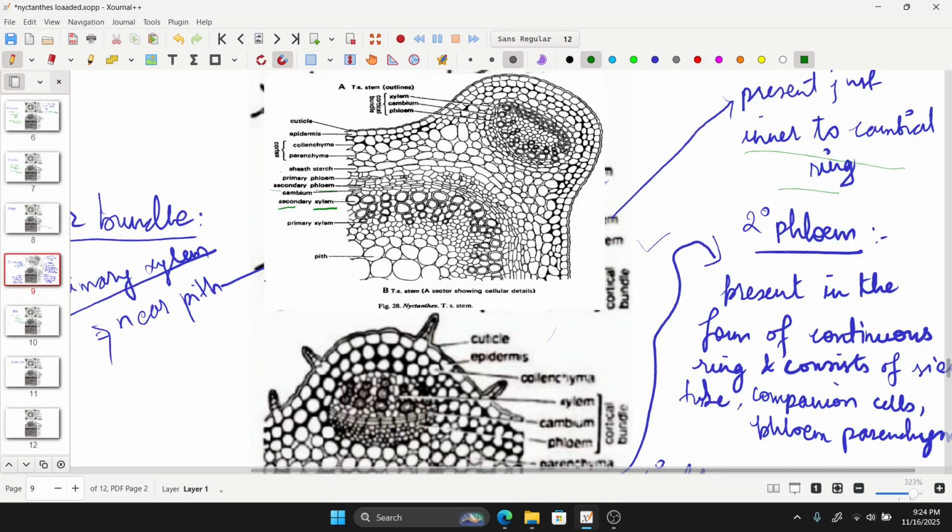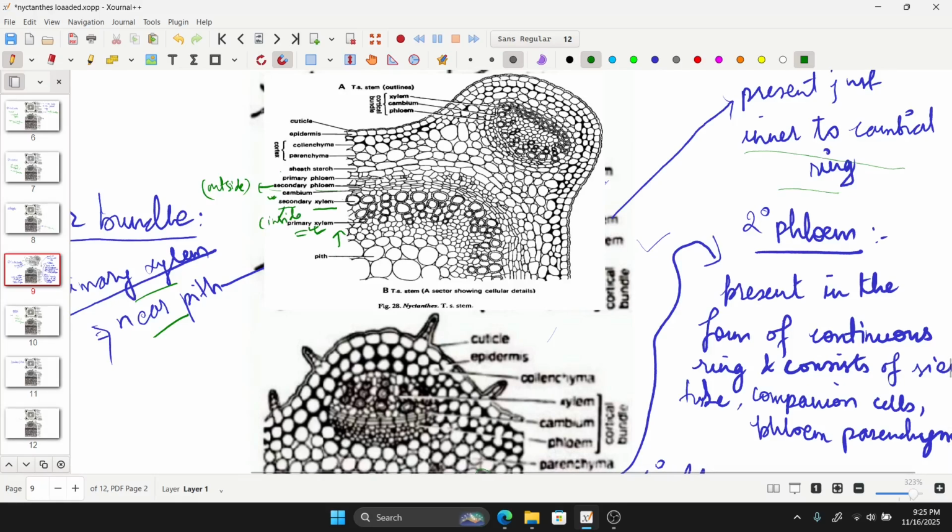And talking about the bundle, the primary xylem is very near to the pith. You can see it clearly that the primary xylem is near the pith, and the cambium is just outside of it. There is secondary phloem at the outside, and inside there is secondary xylem.